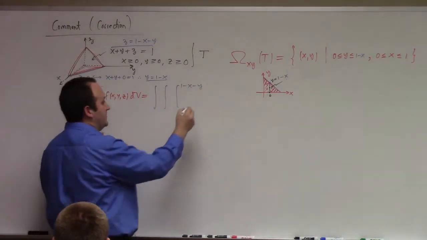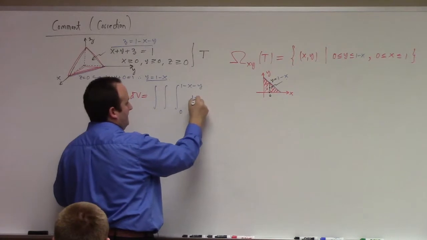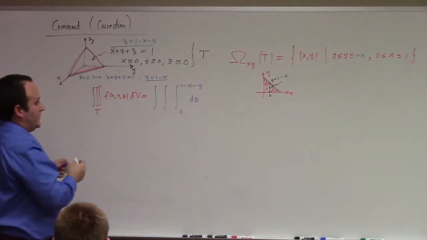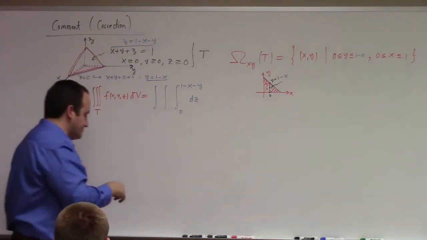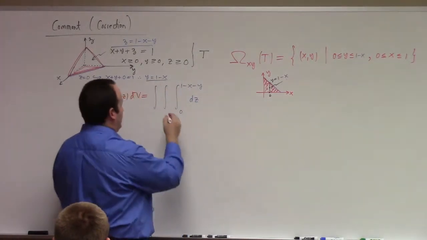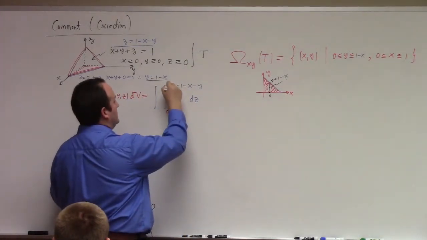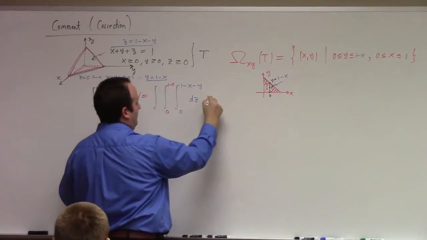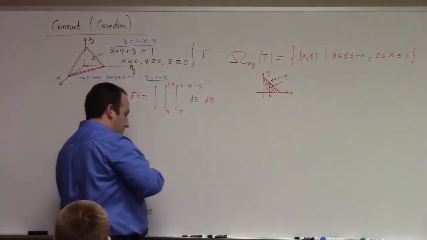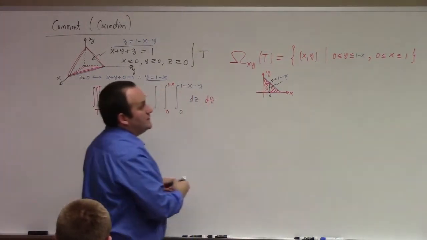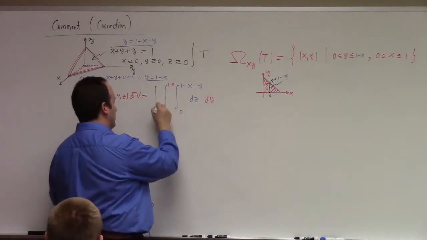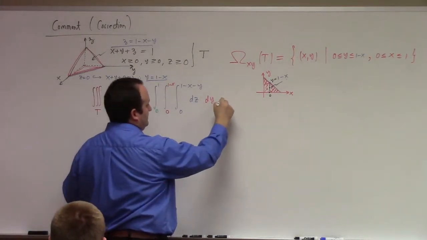That's the z bound. And then what comes next? Yeah, 0 to 1 minus x. That's the dy. And then 0 to 1 would be the dx.